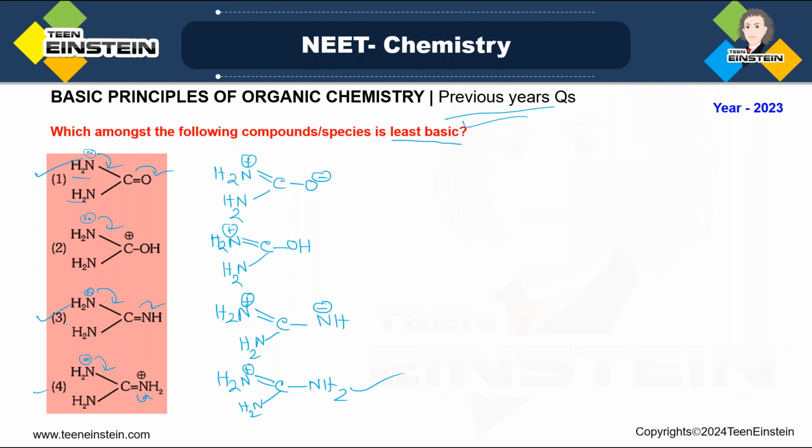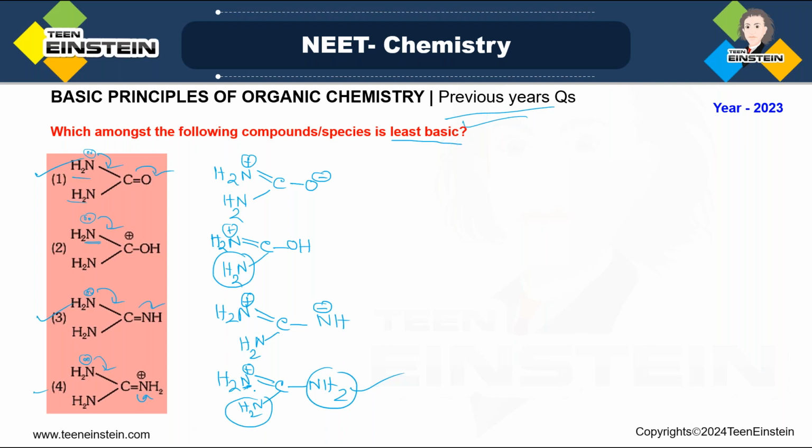Now among 2 and 4, here we have positive charge which is close to NH2 group, right? And that is the reason that here you still have 2 free NH2, but here you have only 1 free NH2, and also the positive charge is closer to nitrogen. And in this case, this positive charge is comparatively not so close to nitrogen.